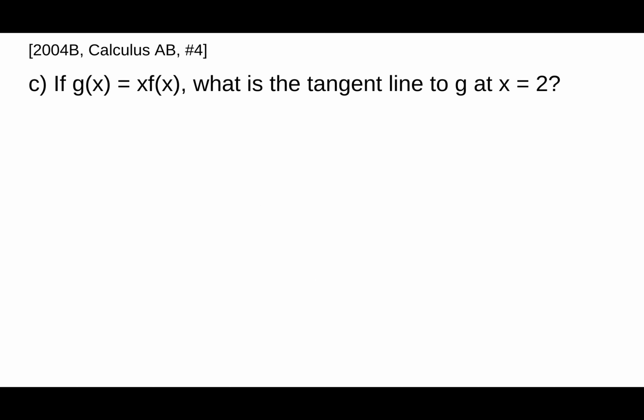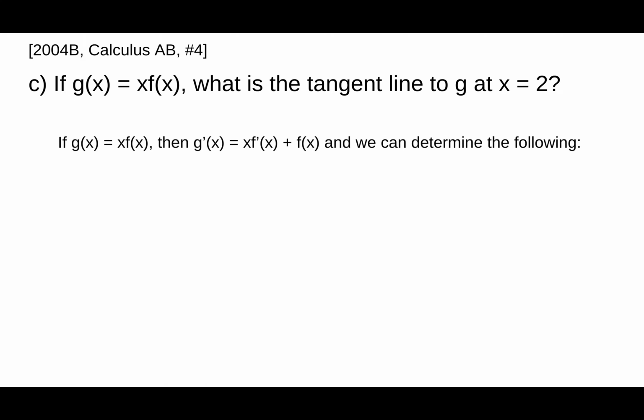In part C, we are defining a function g of x to equal x times f of x, and we are asked to find the equation of the tangent line to g at x equals 2. Well, in order to do this, I have to know a couple of things. I have to know g of 2, and I have to know g prime of 2. Well, g of 2, I should be able to figure out.